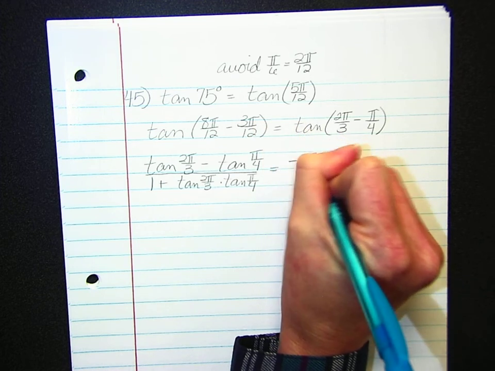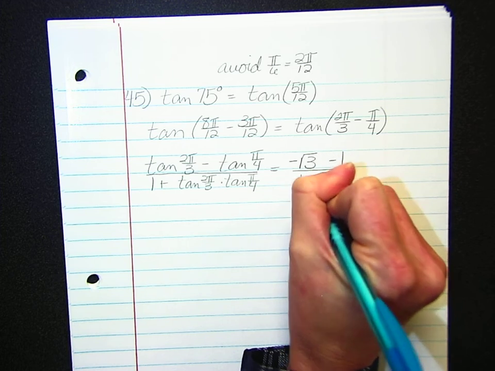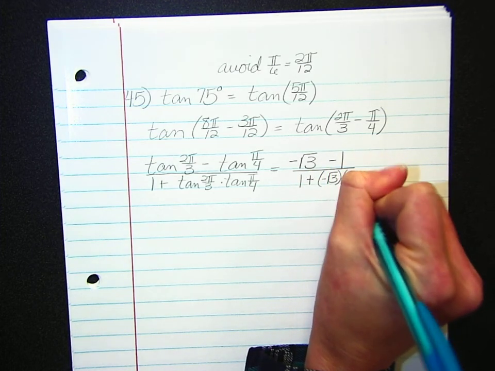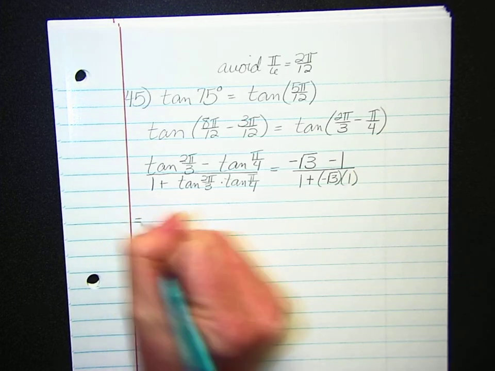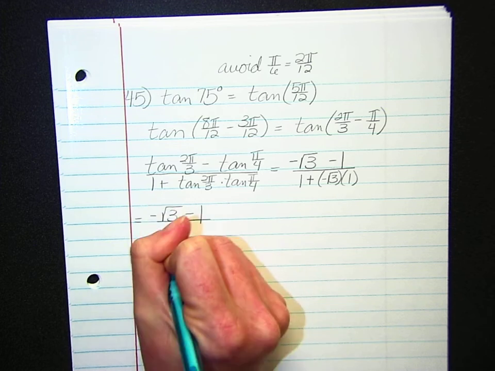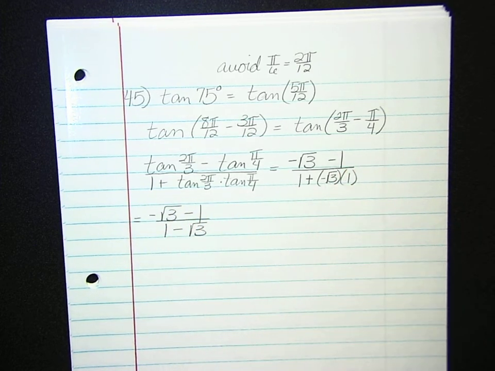So it's going to give me negative square root of 3 minus 1 on the top. And then on the bottom, I'm going to have 1 plus negative square root of 3 times 1. So that's going to give me negative square root of 3 minus 1. And on the bottom, I'm going to have 1 minus the square root of 3 because I'm going to make that plus and negative become a minus.